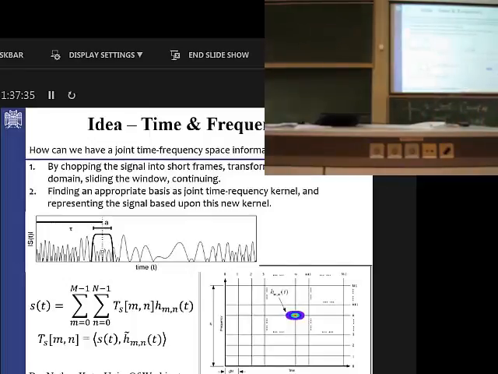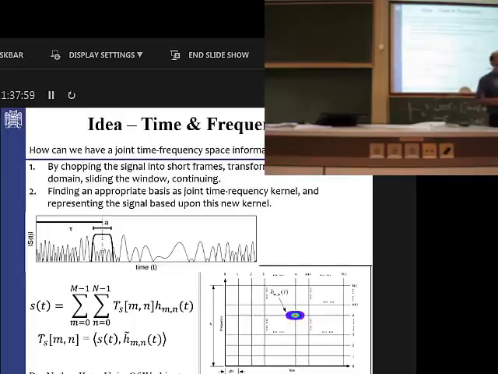By that, we can get the frequency representation of the signal within this window for different time windows. That's the idea behind the windowed Fourier transform.